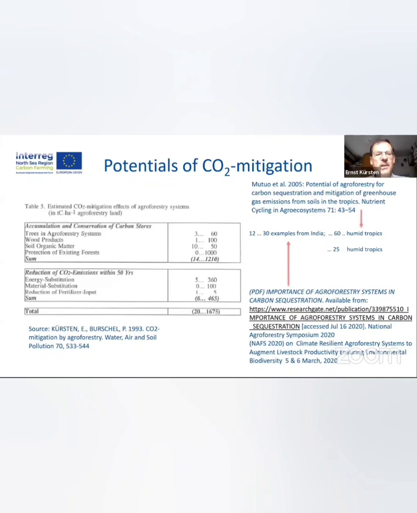And also the material substitution. If you only have wood as a raw material anyway, then you cannot take this into account. For construction, you can also use building blocks, of which the production needs energy. If you make it from timber instead, then you avoid this energy. But this is an energy consumption, basically. And reduction of fertilizer is a very small effect, but it can be taken into consideration.